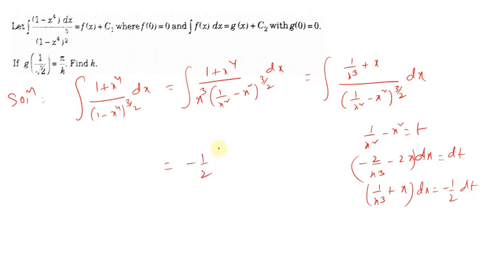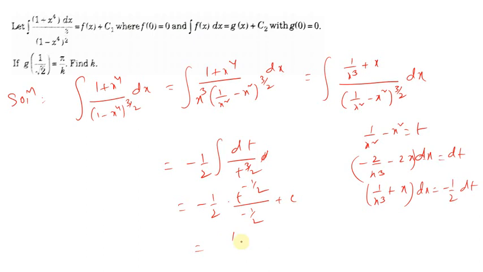Minus 1 by 2 into the integration of dt by t power 3 by 2. So minus 1 by 2 into t power minus 1 by 2, whole by minus 1 by 2, plus c.